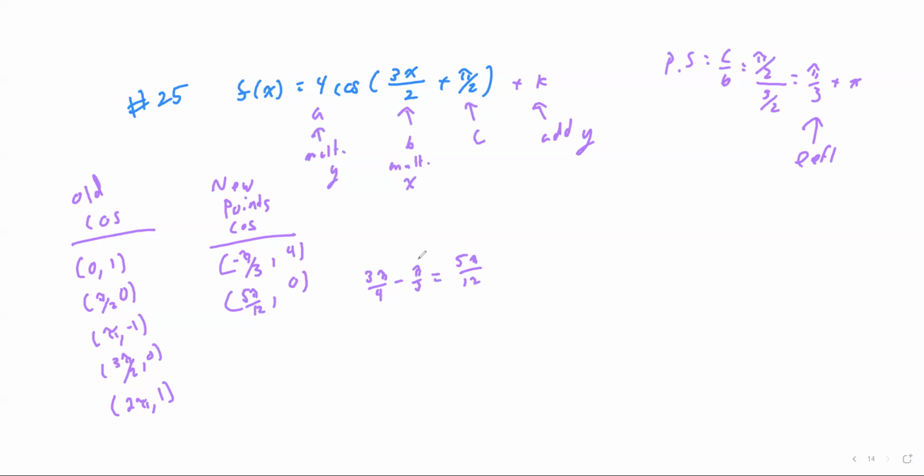Which is again pi thirds, 3 pi fourths. So that would be, hold on, doing some math in my head. 2 pi 6, that'd be pi thirds. That's it.